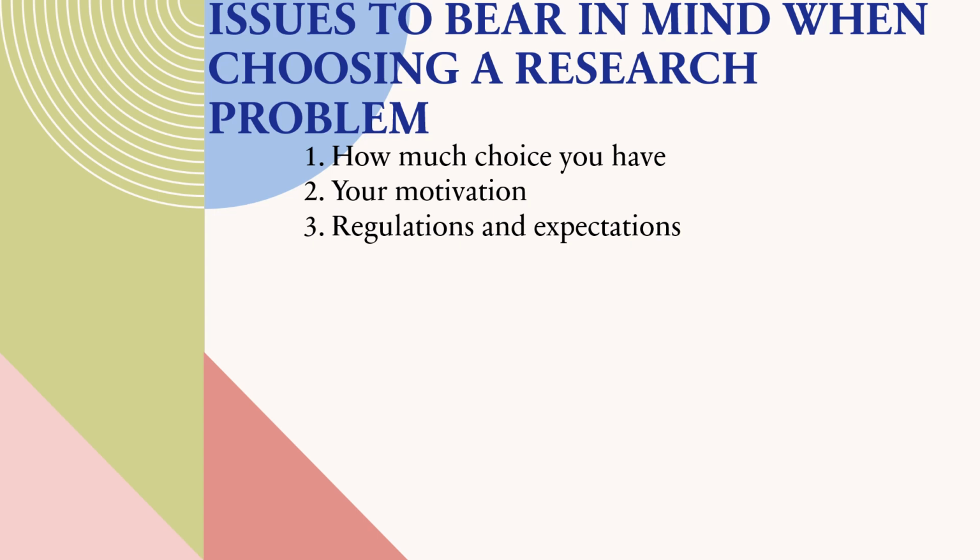And yet the expectation and the regulations are that you must do primary research. So in that case, you'll not be able to undertake a research that contravenes the regulations and expectations of the institution.